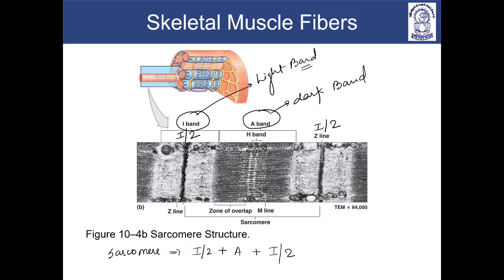And the A band is having a light zone known as Hensen's zone. Just in the middle of Hensen's zone, there is a disk, which is known as what? M line. So the dark band, the A band, is having a light zone known as Hensen's zone.